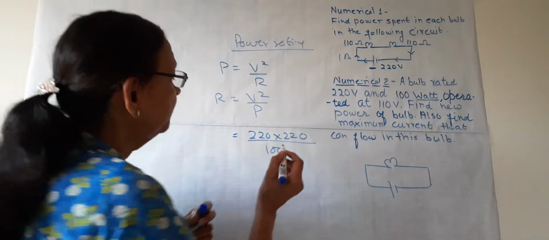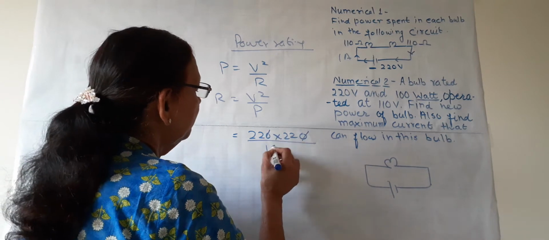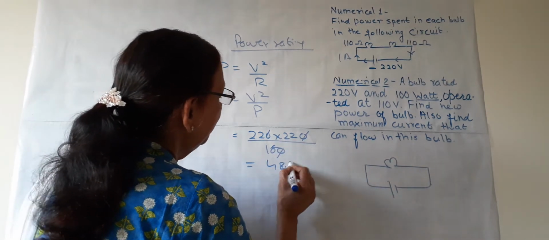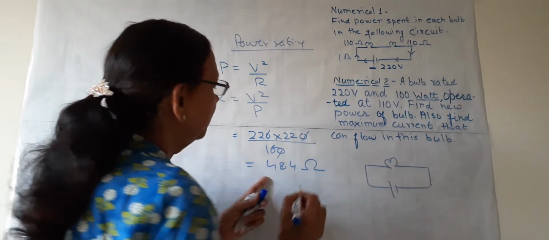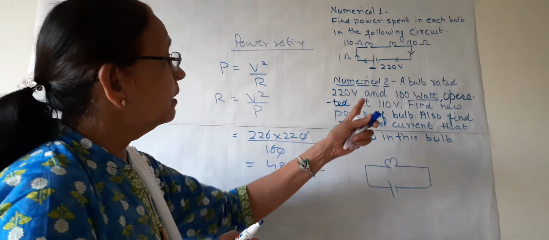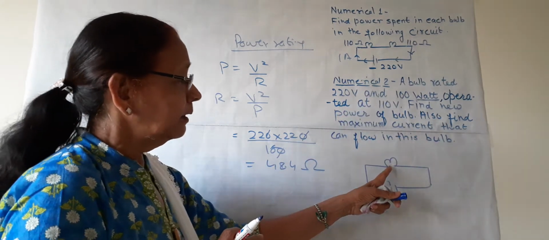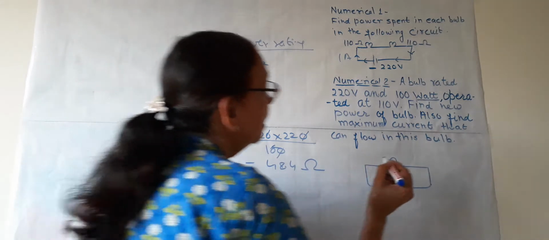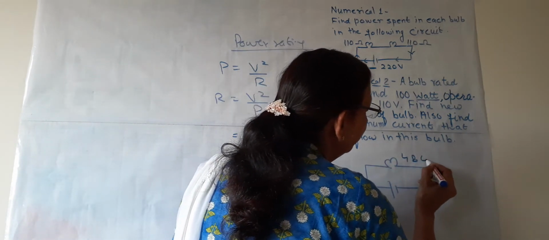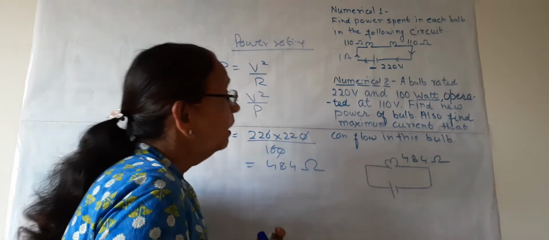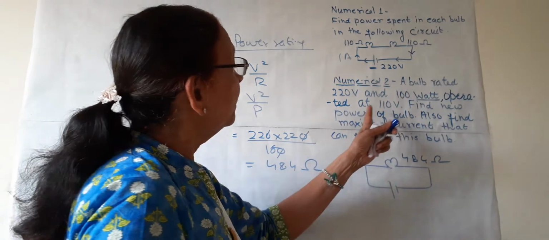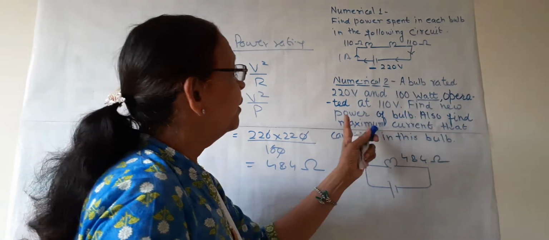So divided by this, what will we get? It will be 484 ohm. So the resistance of this bulb is now 484 ohms.